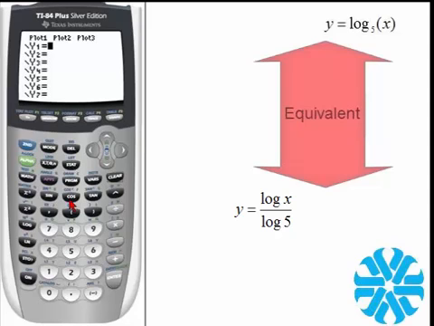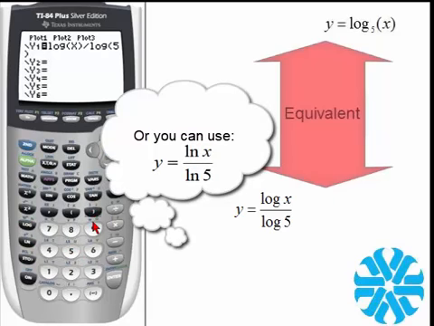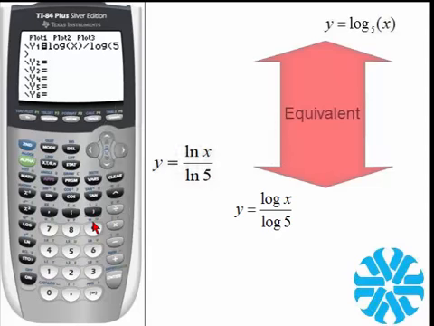So what we're going to do is graph the log of x divided by the log of 5. And that's how you take care of graphing logarithmic functions that have a base other than 10 or e.